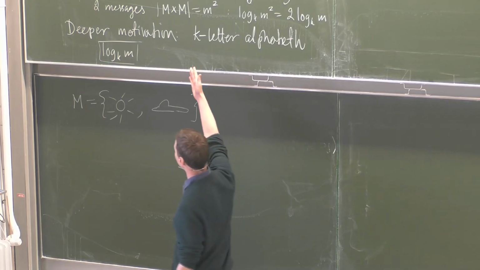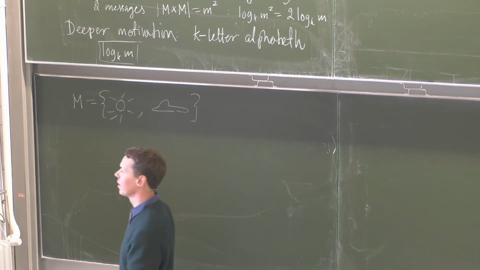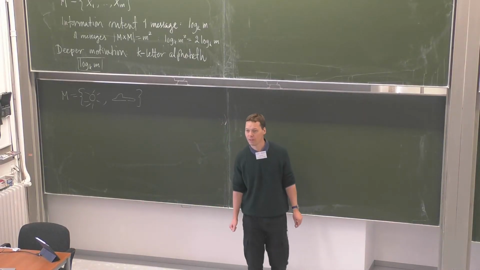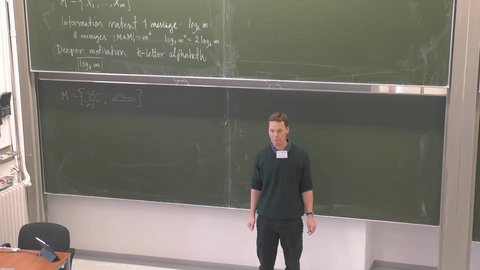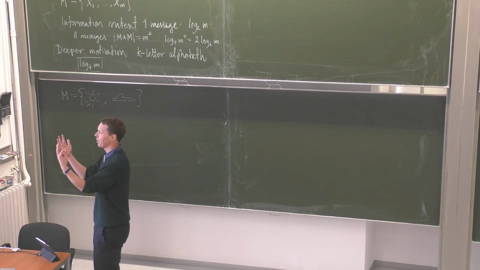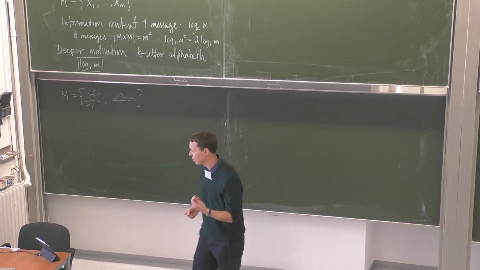But with this definition, the information if I see that it's sunny would be just log 2. But somehow I feel that I gain more information if I see that it's sunny, because I don't expect it to be sunny.